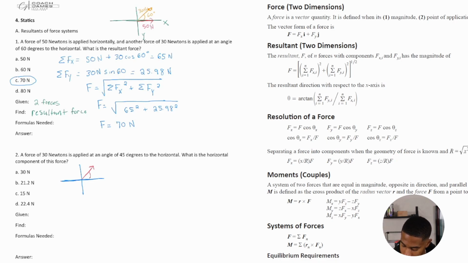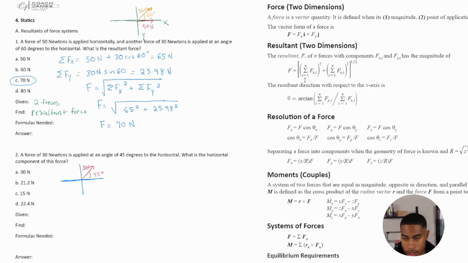You got 45 degrees separates angle, and it's 30 newtons. What is the horizontal component of the force? Okay. So this one seems like not too tough here.